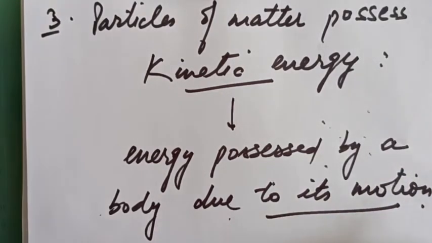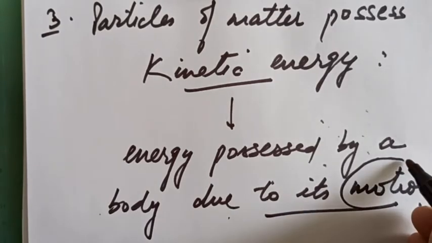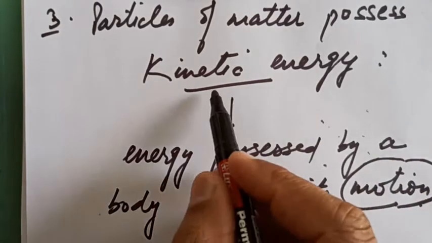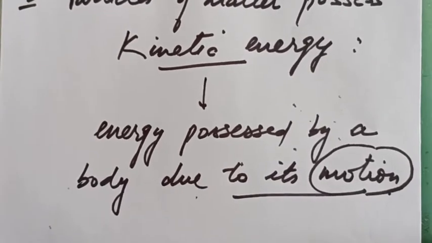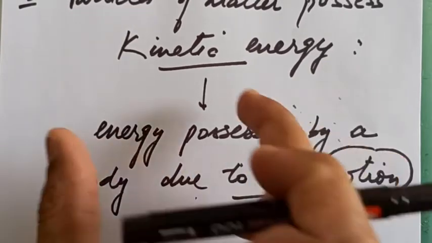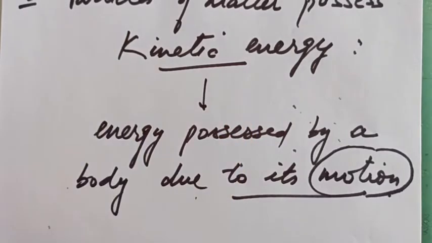Anything which is in motion always possesses kinetic energy. Learn this thing, please. This is very important. You will discuss this in detail in physics in the second term, I think. But for now you have to learn that.